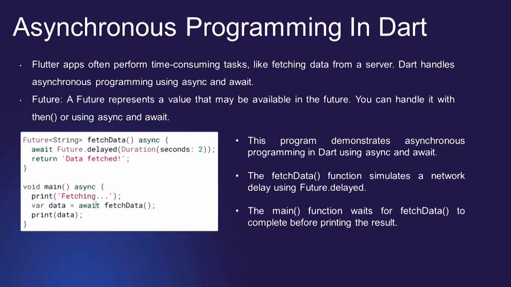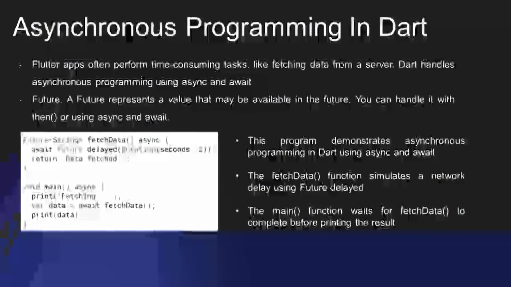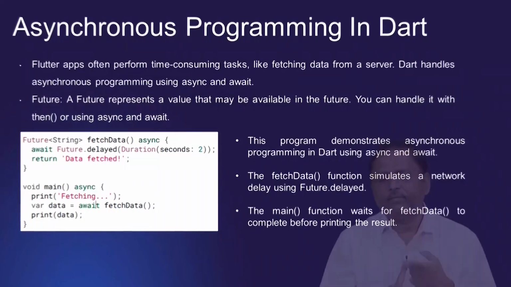The fetchData function simulates network delay using the Future.delayed method. Future.delayed is a method which pauses execution for 2 seconds, and after that it returns a static value, data fetched.